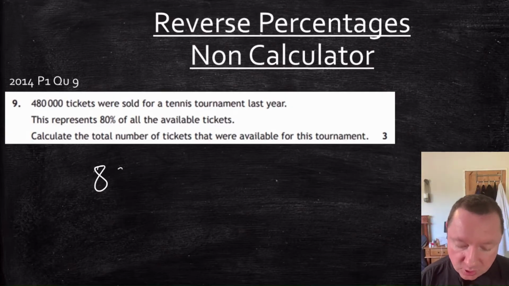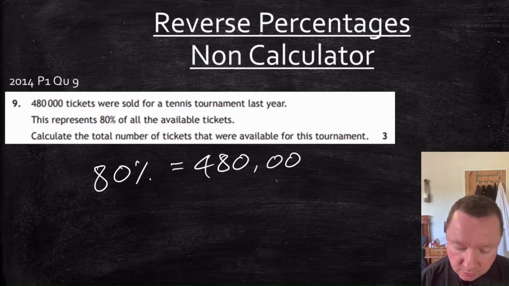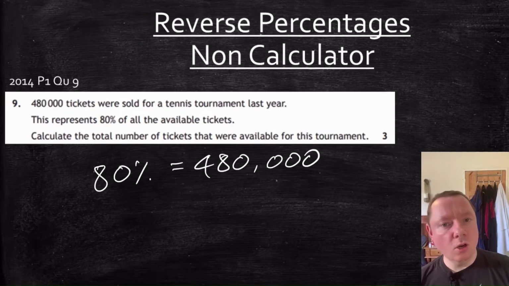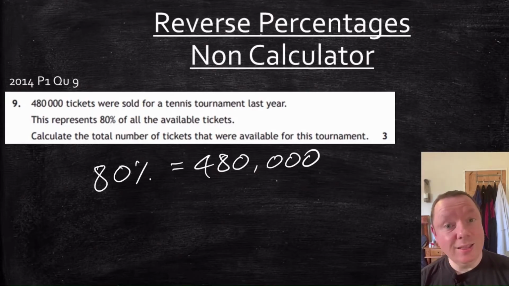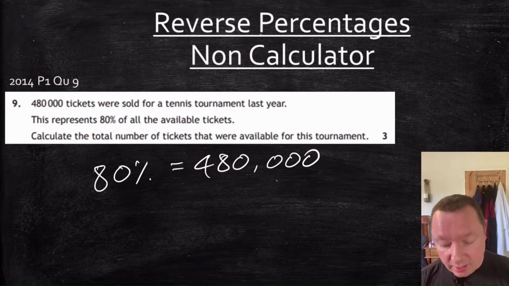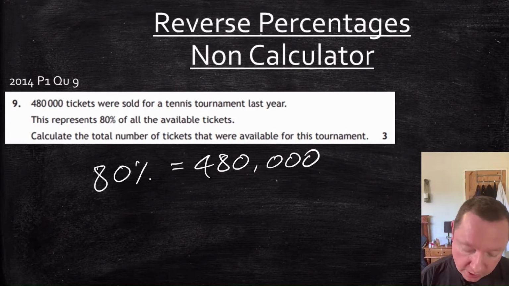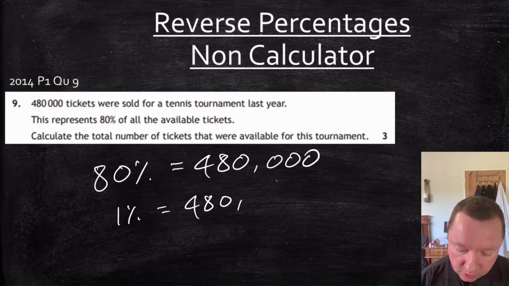I know that 80% represents 480,000. And I want to know what's 100% going to be. So I need to get down to 1% maybe, or 10%, and then back up to 100%. In this case, I can see that 80 does go into 480,000, so I'll find 1% by dividing by 80. 480,000 divided by 80.